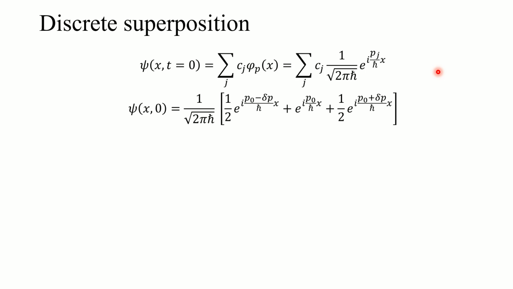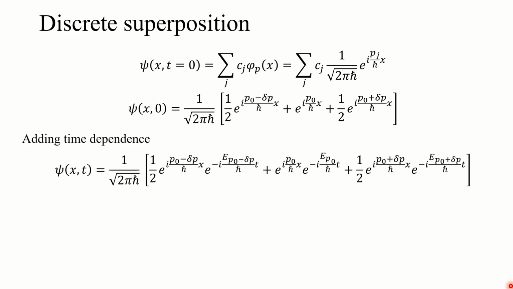So we write it in the momentum eigenbases, and then we're going to add phase factors. If we take that superposition of our three momentum energy eigenfunctions, where the two have half the amplitude of our central eigenfunction, we get this. That is our wave function at t equals 0, written as a superposition of our momentum eigenfunctions.